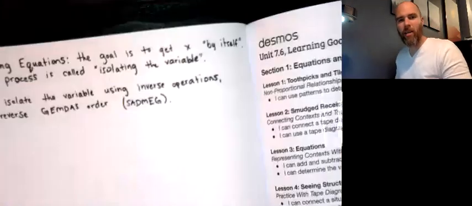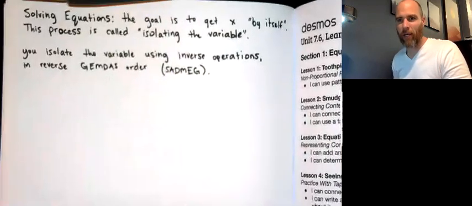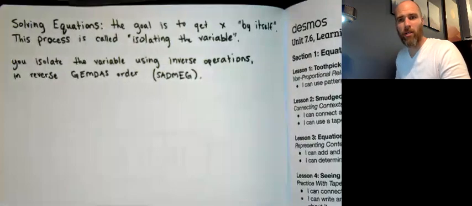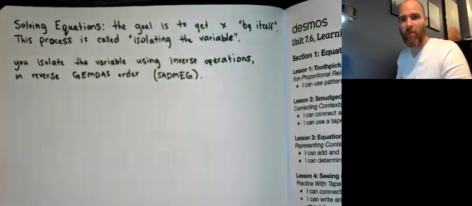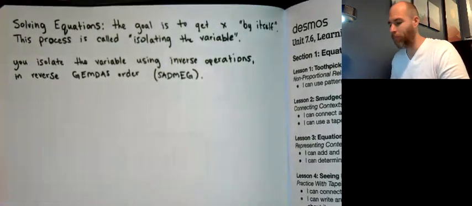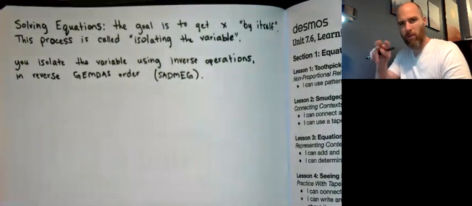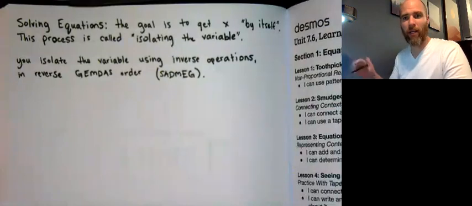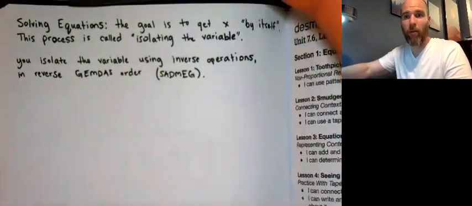When we're solving equations, we got a SADMEG. There are certain ways to do this without following SADMEG order, and sometimes you have options of how you can do things. But in general, if you're working in SADMEG order, you're probably doing okay.